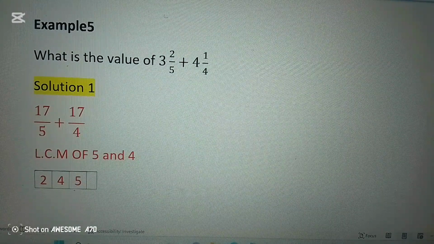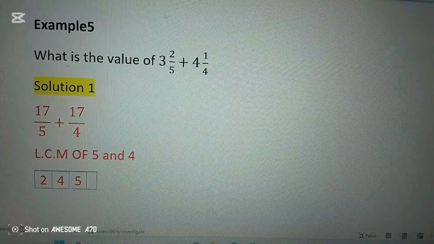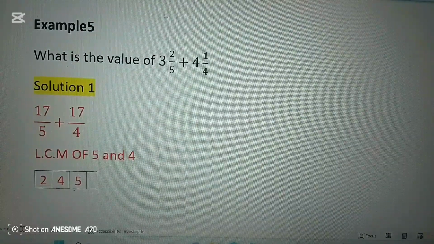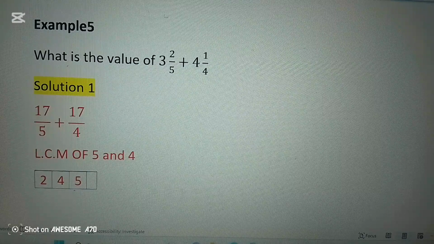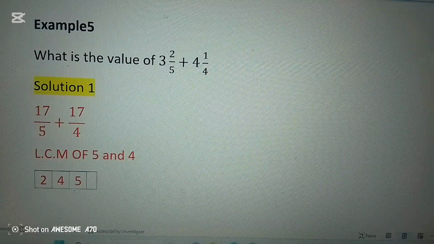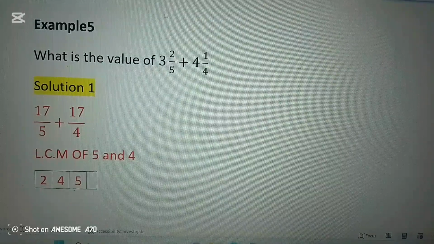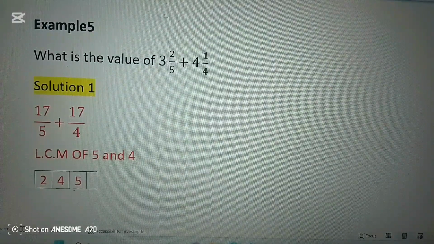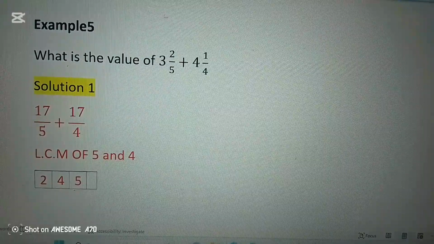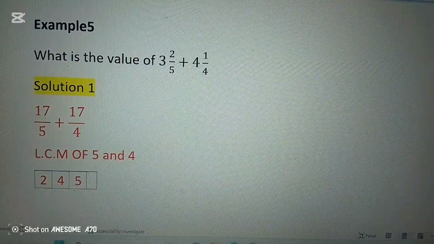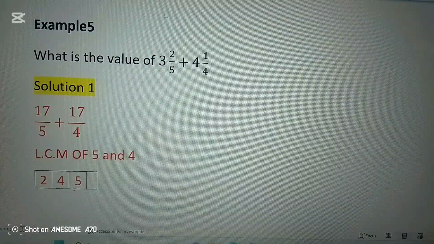We said that there are two ways. The first way, you change these mixed fractions into improper fractions, add the two fractions, then change back into a mixed fraction. The second way, you just add 3 plus 4, then 2 over 5 plus 1 over 4, then combine them and get your final answer.